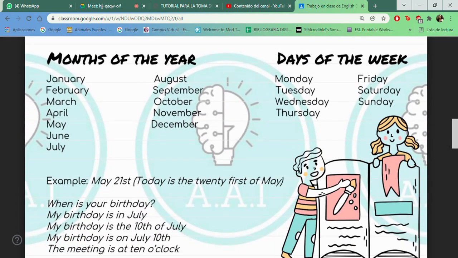Well, now we have the months of the year. You must know that. Ya lo deben saber, right? Well, let's see. So let's see maybe the pronunciation of the months. So here we have January, February, March, April, May, June, July, August, September, October, November, December.